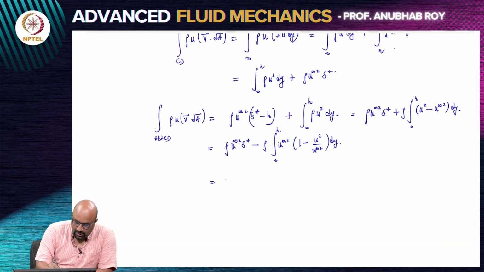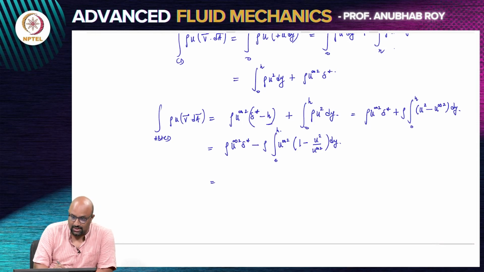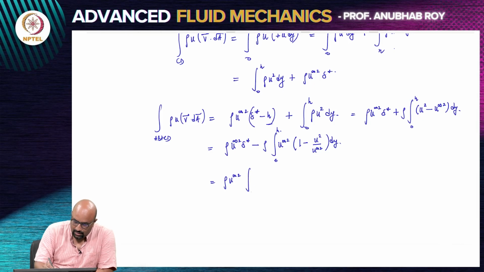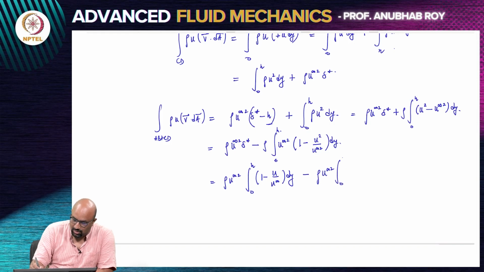Now, if I substitute for delta star, we know what delta star is. So, delta star is u infinity square integral 0 to h of 1 minus u by u infinity dy, minus rho u infinity square integral 0 to h of 1 minus u square by u infinity square dy.